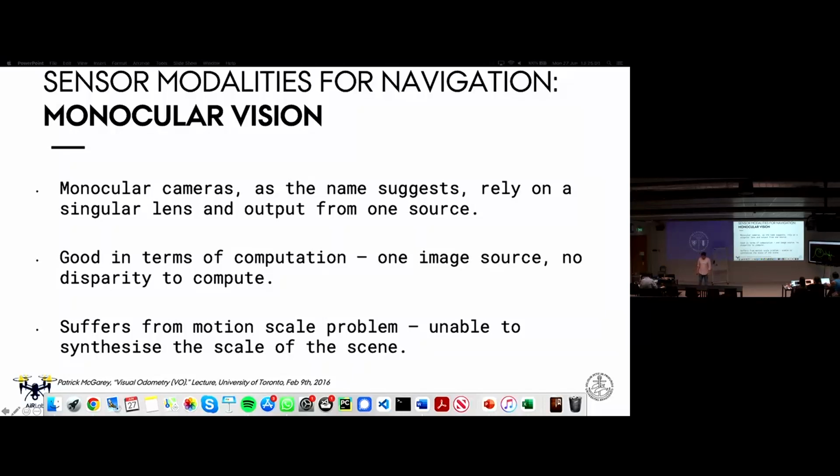That particular type of camera is unable to synthesize what's called the scale of the scene. If they see something in their own frame, it is relative as opposed to an absolute scale of what they're seeing. So they cannot compute how far away something is unless you have something else to tell them how to do this. And thankfully we do.